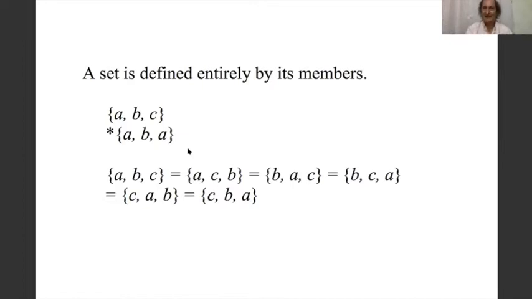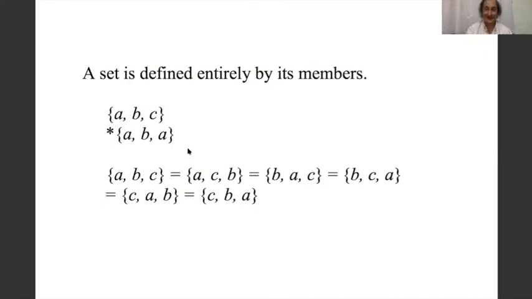Now, a set can be thought of kind of like a box. You can put an object in a box. You can put an apple in a box, okay? But you can't put the same apple in the same box twice at the same time. Similarly, you can't have the same apple in a single set twice.